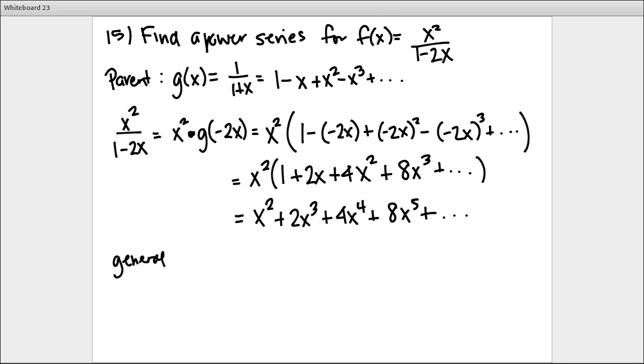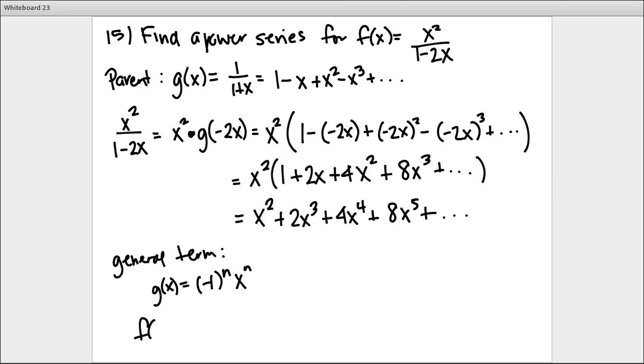plus, all right, what's my general term? To get the general term, your general term for 1 over 1 plus x was negative 1 to the nth power times x to the nth power.